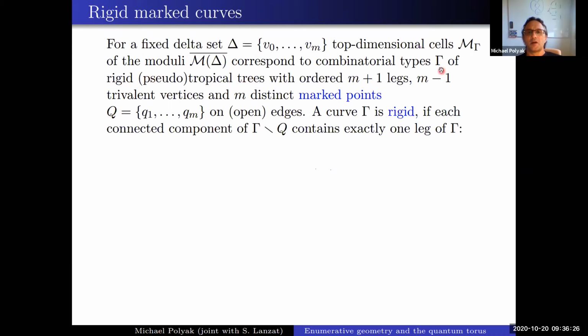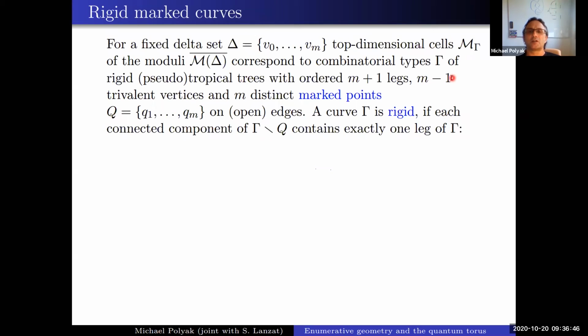So you look at a tree, if you wish, which looks as follows. It should have m+1 legs. All internal vertices should be trivalent, and then it's easy to check that the number should be m-1.